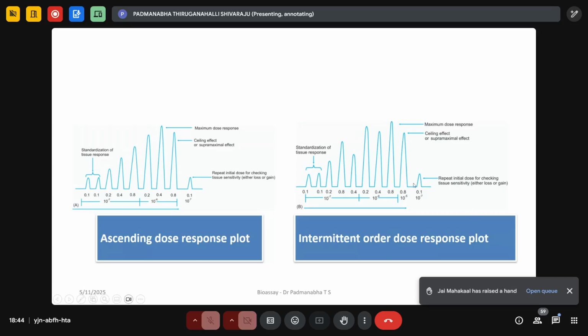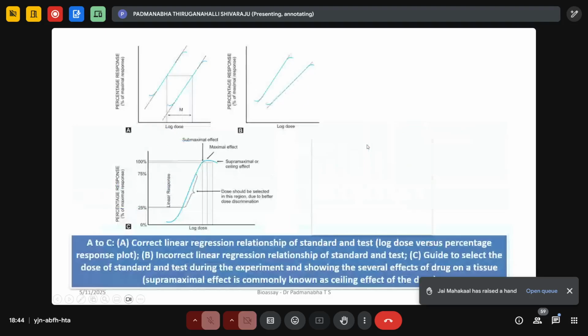And to check for the viability, you check with the minimal concentration. So this is the response you get, and this is the baseline. From the baseline, you need to measure the height of these responses on the graph.